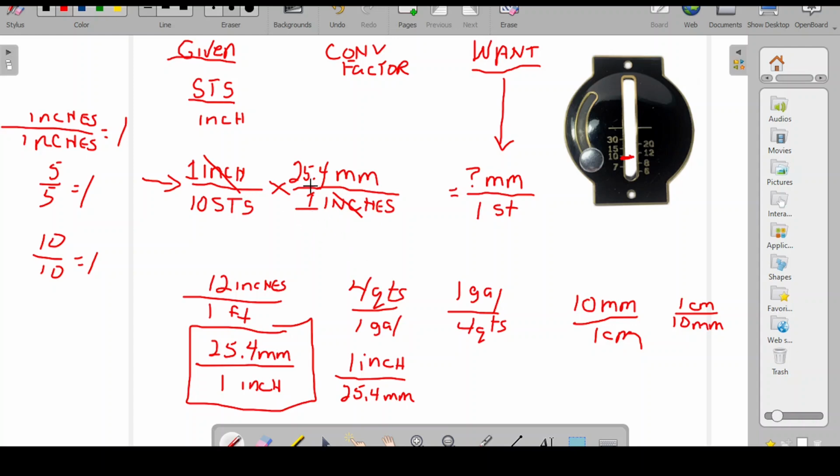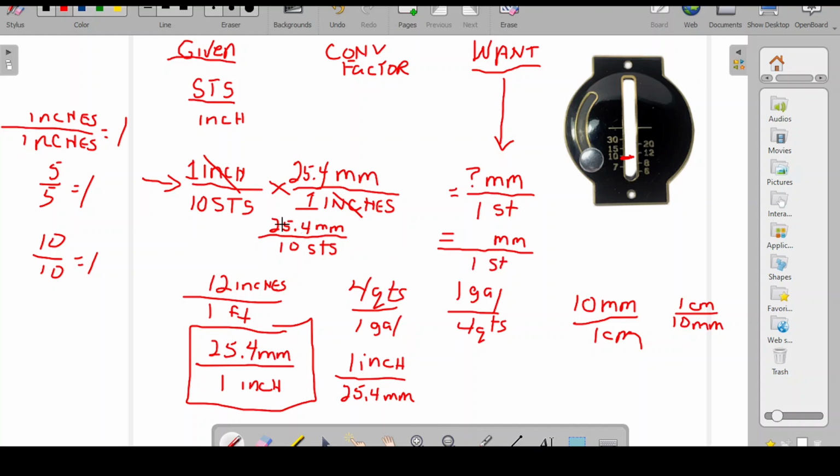So we end up with 25.4 millimeters per 10 stitches, and that equals a certain amount of millimeters per 1 stitch.